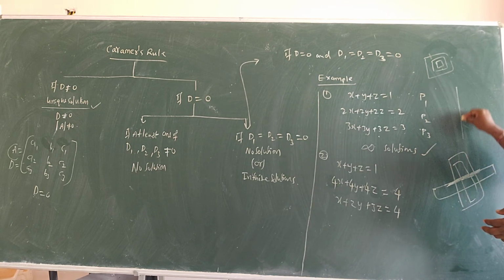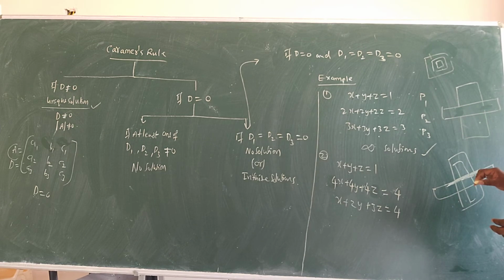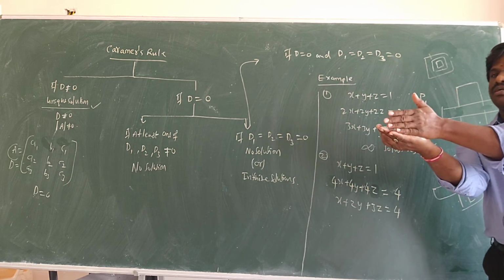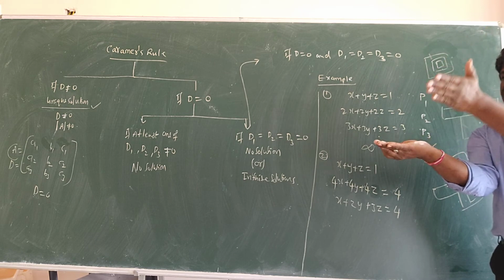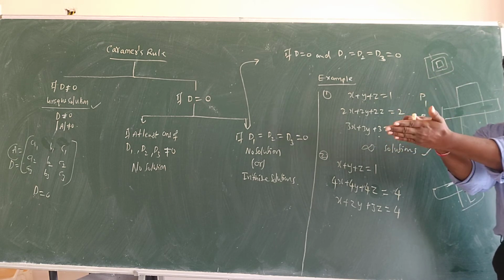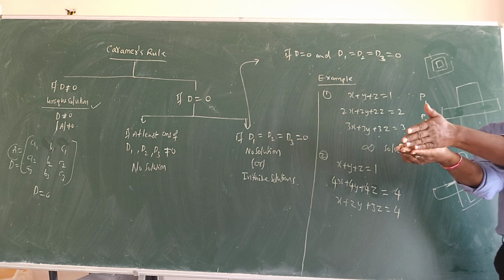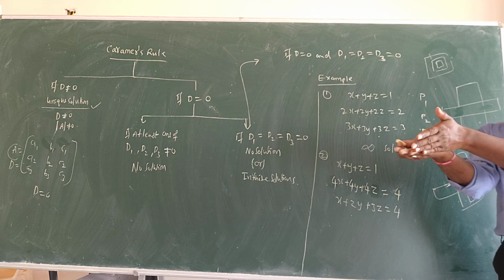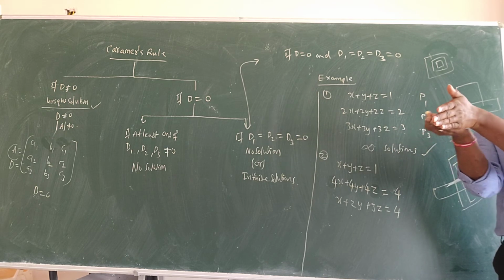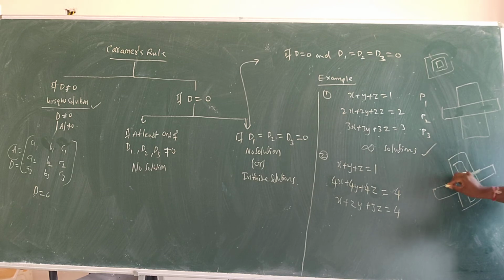To get this idea, you just have to observe in a 3D picture. It is like an open book. So two planes are like this, which means they have infinite solutions along the line.